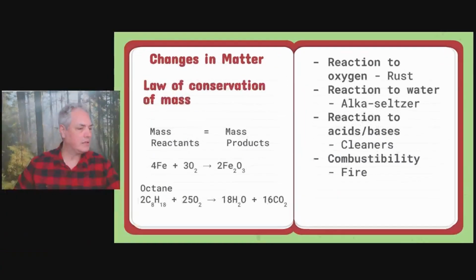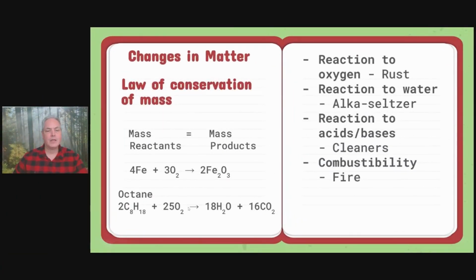The other example I wanted to show you is this one. Here I took a fossil fuel, which is a molecule of octane. If you have a gas engine, we know that there's an octane content in the gas to make it work. The octane molecule is 8 atoms of carbon and 18 atoms of hydrogen.